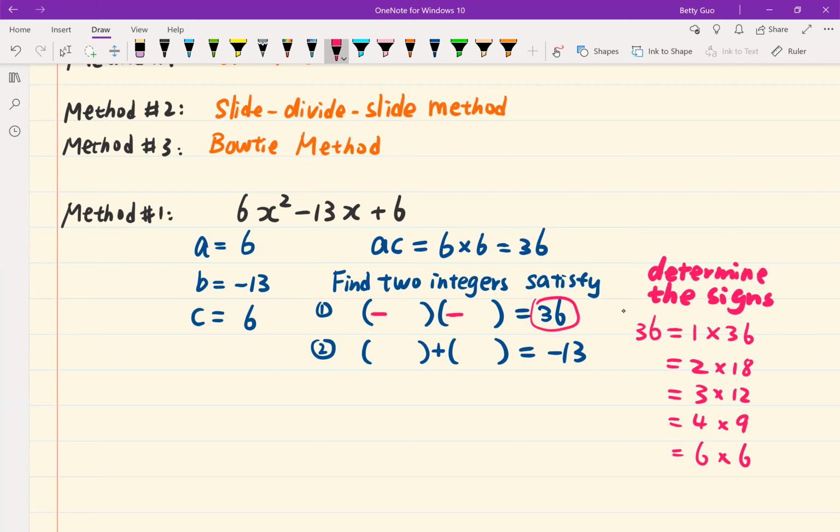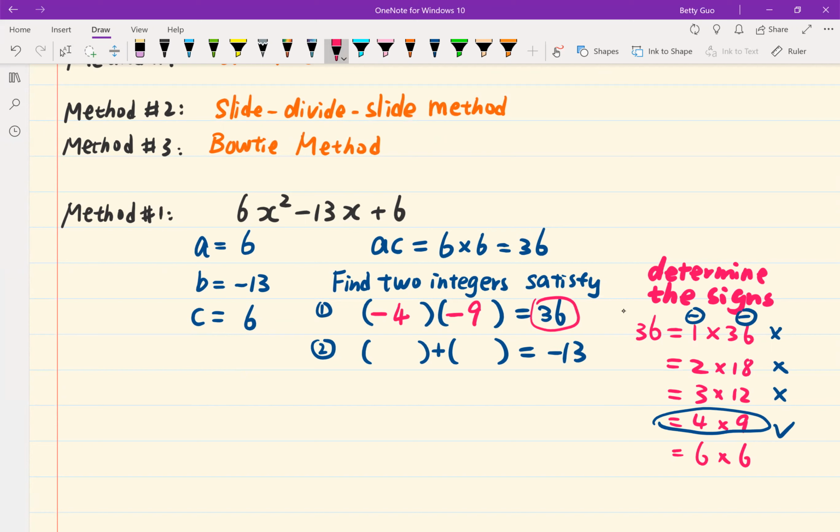Those are all the possibilities. We know both of the two numbers are negative. Negative 1, negative 36 do not add up to negative 13, so this one doesn't work. Negative 2, negative 18 do not add up to negative 13 either. Negative 3, negative 12 add up to negative 15, so this one, no. Negative 4, negative 9. Their addition is negative 13, so the two numbers are negative 4 and negative 9.